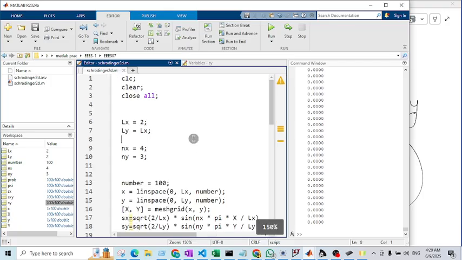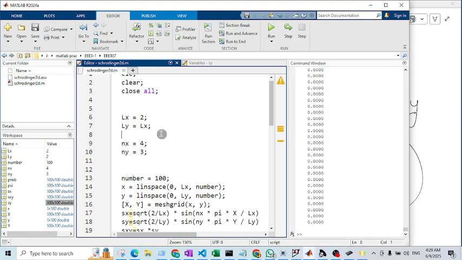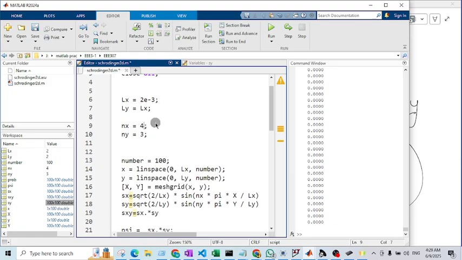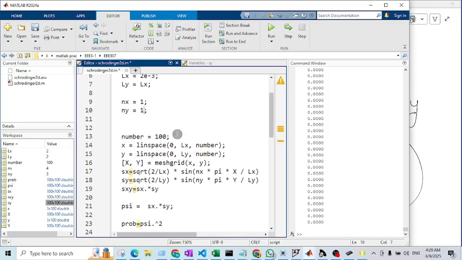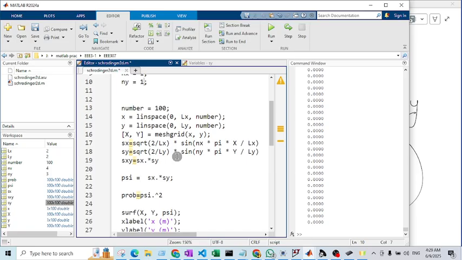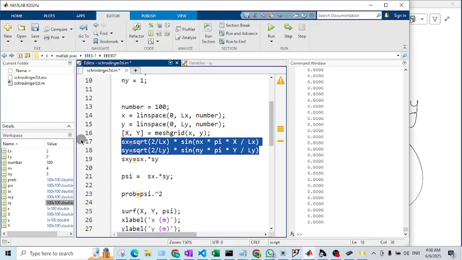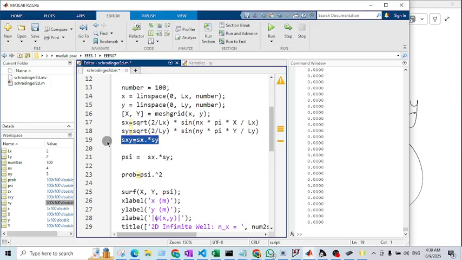So what I did here, let's say Lx is equal to 2 millimeter, and I have taken nx and ny, which are the quantum numbers. Let's say nx is first 1 and then ny is 1 for the first state, right? And then I have psi x and psi y, and then I multiply this thing.